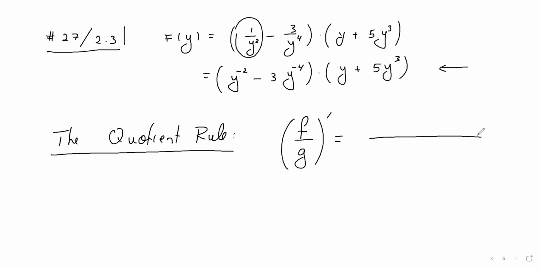The denominator will be g squared, so the initial denominator squared. The numerator will be like the product rule, but it will go like this: f prime g minus f g prime. Remember, for the product rule, you had f prime g plus f g prime.